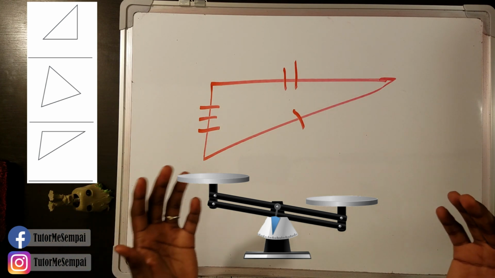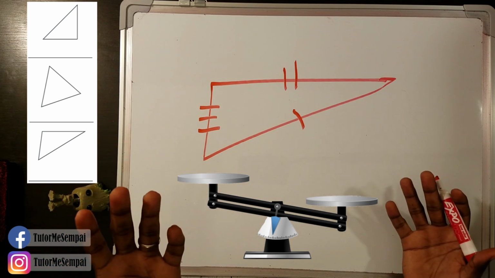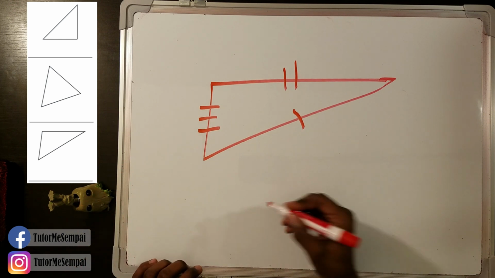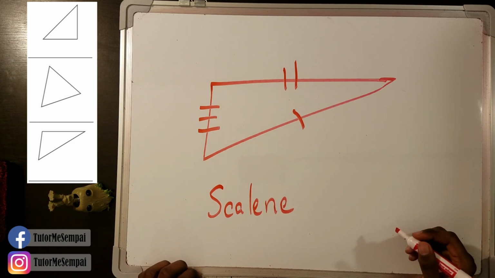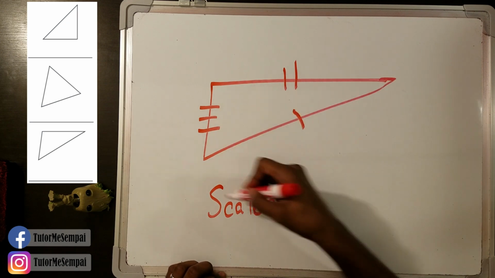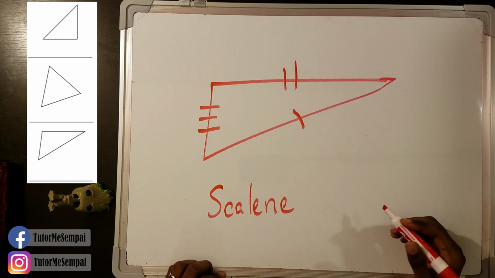So no equal sides have an unequal scale. And what sounds like scale? Scalene, right? So this will be a scalene triangle. Unequal scale leads us to believe we have no equal sides. So this would be a scalene triangle.